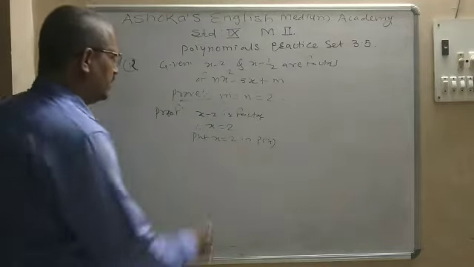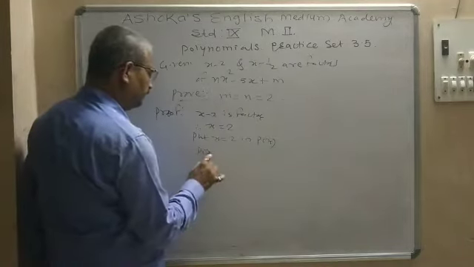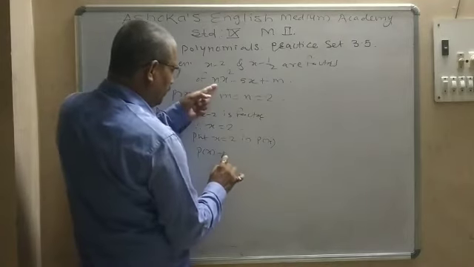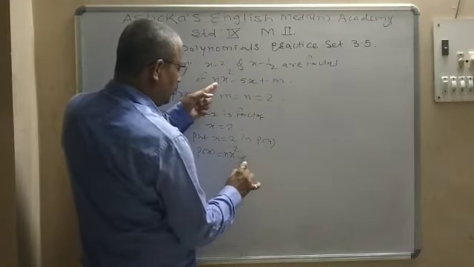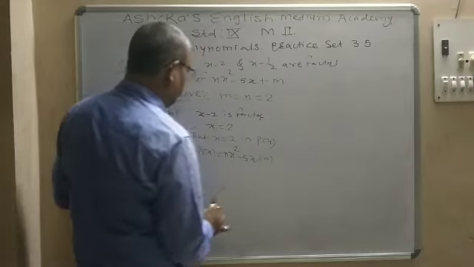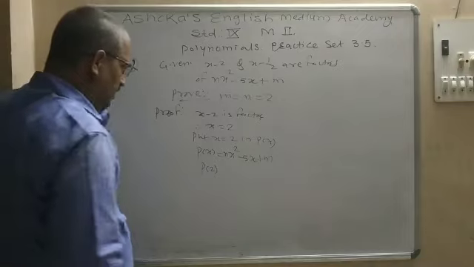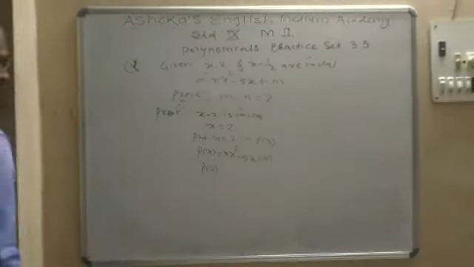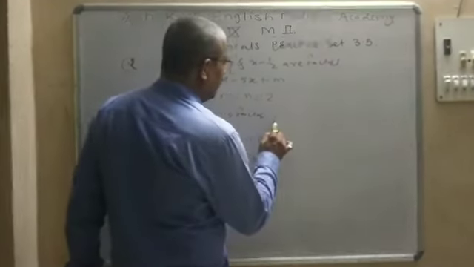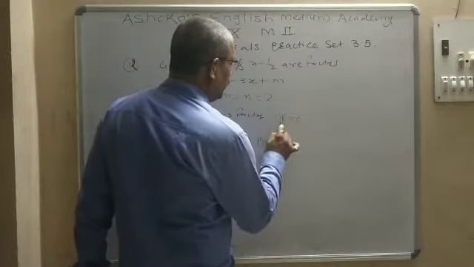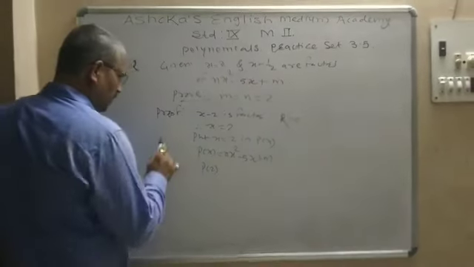What is p(x)? p(x) is equal to nx raised to 2 minus 5x plus m. Therefore, p(2): it is a factor means remainder is 0. x minus 2 is a factor. Therefore, r is equal to 0.